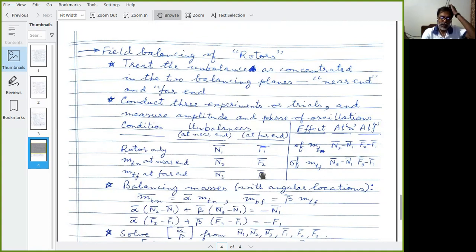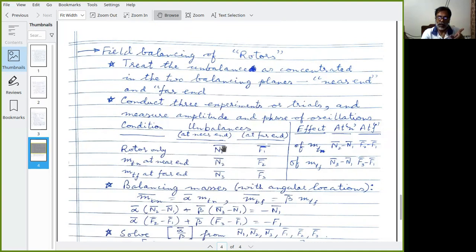Now you can work out what is the effect of the near end balancing mass and far end balancing mass. Now the near end balancing mass has effect on both of them. So when you put this trial mass at the near end, at the active location which you have marked for reference, then you had the complex number showing the disturbance as N2.